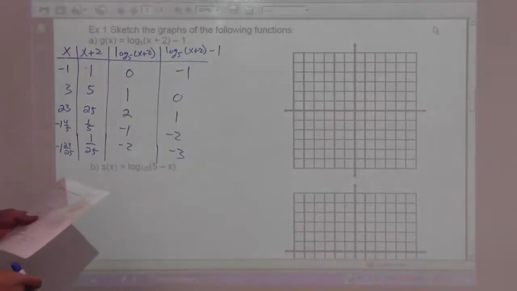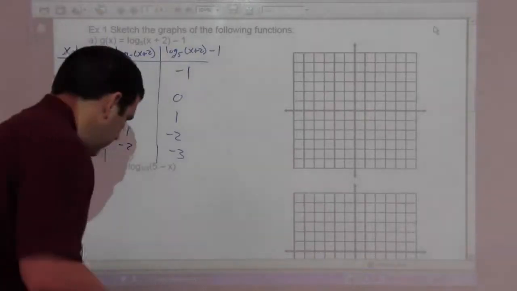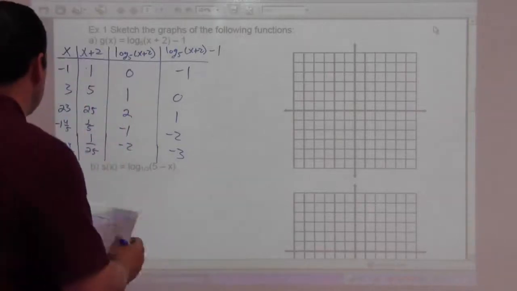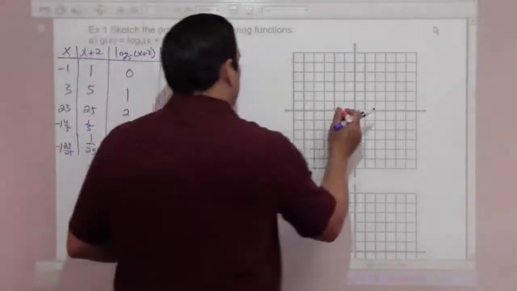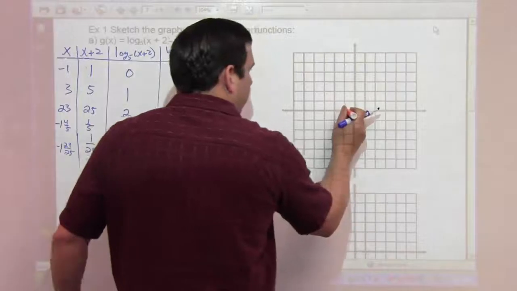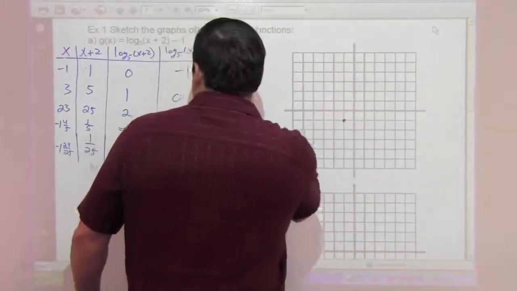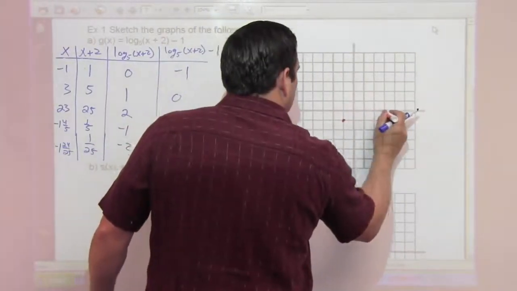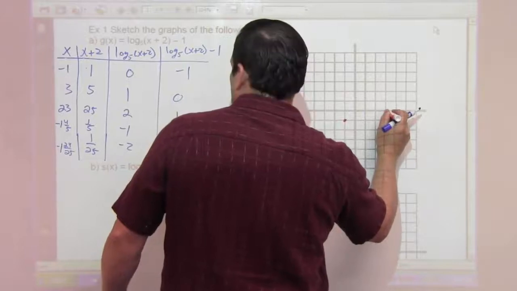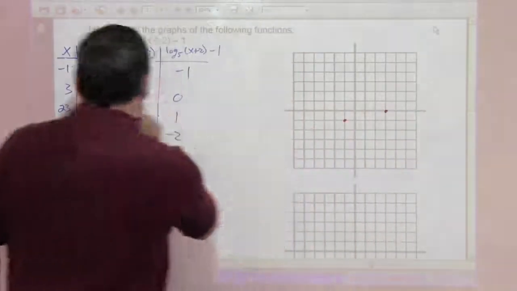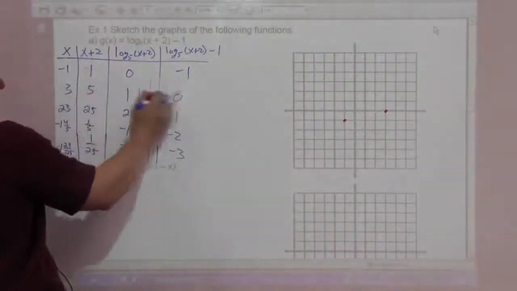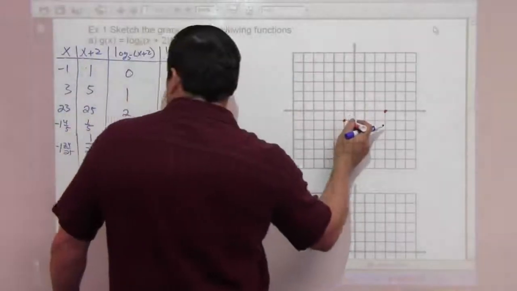Okay, so let's go ahead and graph this. Negative 1 for x corresponds to negative 1 for y. 3 for x corresponds to, no, to 0 for y. This column and this column. 23 is not going to show up.